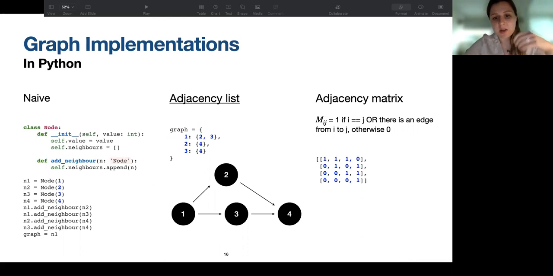So in this case, 1 has directed edges to 2 and 3. 2 has just one edge, which leads to 4, and 3 also has just one edge, which leads to 4. And it gives us this little dictionary at the very center. And you can see that it's very readable compared to the piece of code on the left-hand side. And it's also very laconic and condensed compared to the adjacency matrix.